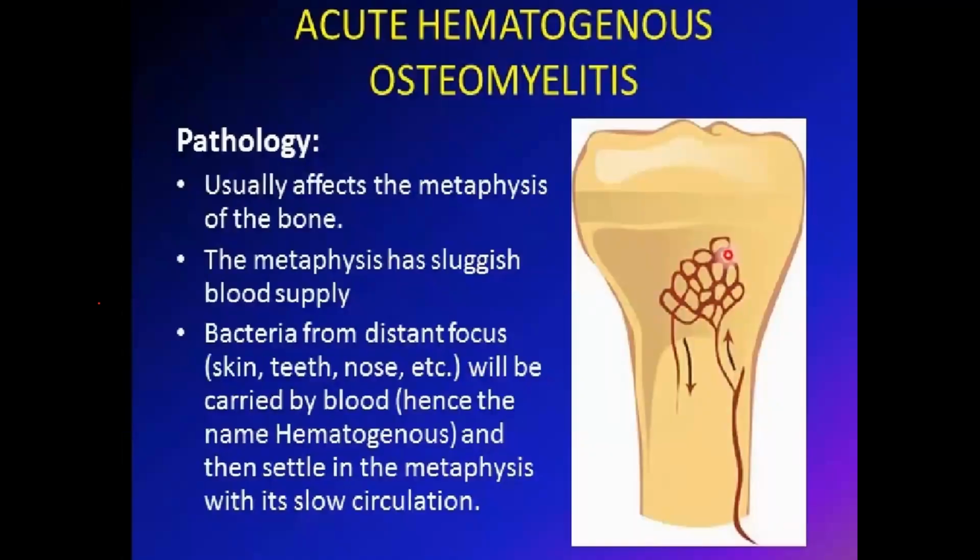Acute hematogenous osteomyelitis. This is going to be a rapid discussion, and it involves the treatment mostly in an adult. It usually affects the metaphysis of bone. The metaphysis has a sluggish blood supply, as I mentioned at the beginning.